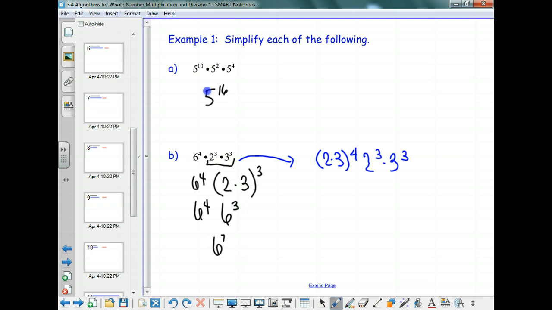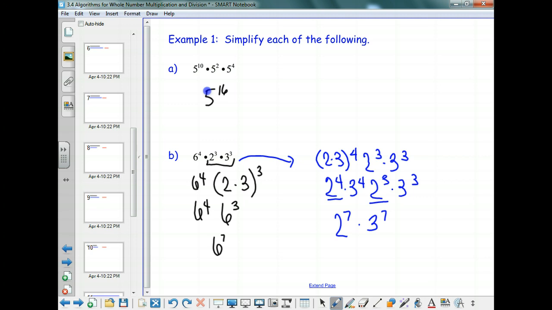And I can sort of in this idea of distributing exponents, I can use that here. So this is 2 to the 4th, 3 to the 4th, 2 to the 3rd, and 3 to the 3rd. The ones that are the same get paired up. So I've got 2 to the 7th. And then I've got 3 to the 7th.